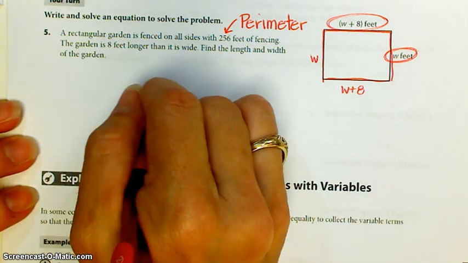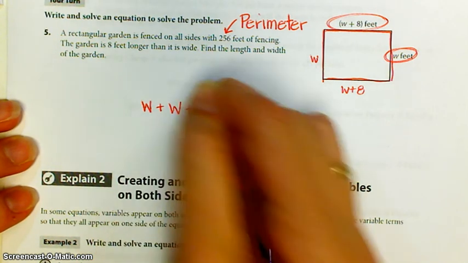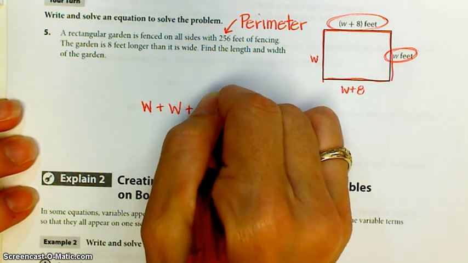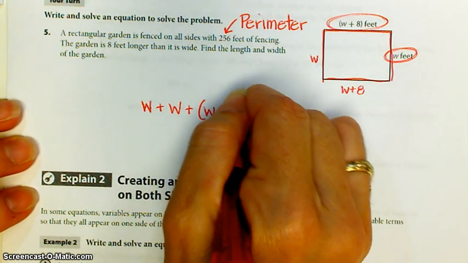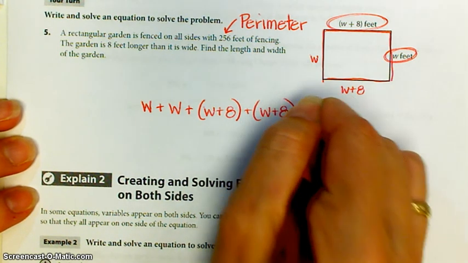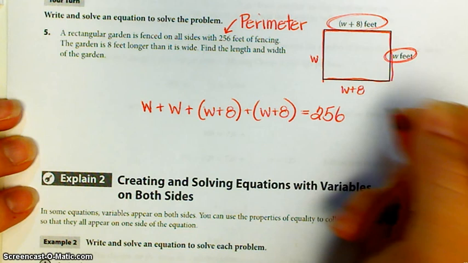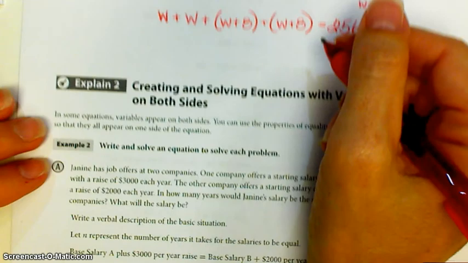So I'm just going to say my lengths, W plus W, plus my widths, W plus 8 plus W plus 8. And I know that all together equals 256. Now, you could have decided, well, that's kind of stupid, Miss Goff.